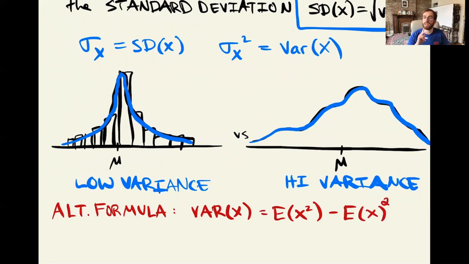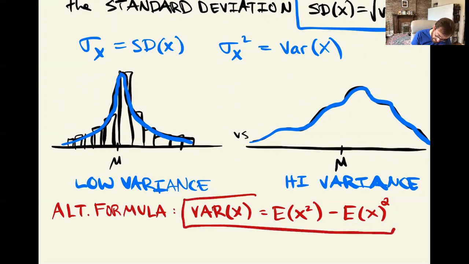Again, when I say it out loud, it sounds like I'm saying the same thing, but if you look at what I've written down here, there's a difference. There's the expectation of the function of X, which takes X and then squares it. So here I'm taking the expectation of a function. Here I'm taking the expectation of X, which is just the normal X times the probability of X summed over all values X. That gives me a number. And then I take that number and I square it. And the fact that these two are different gives us a situation where we know that actually the variance is interesting.